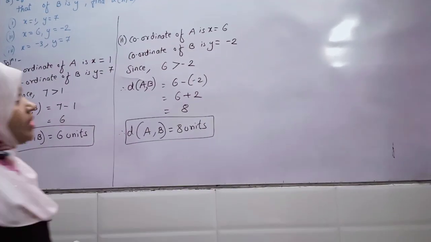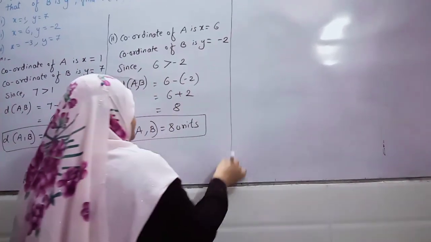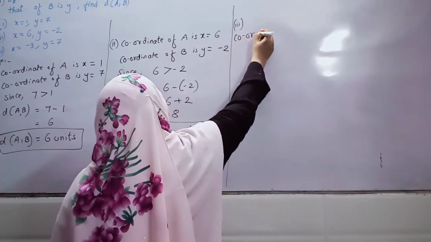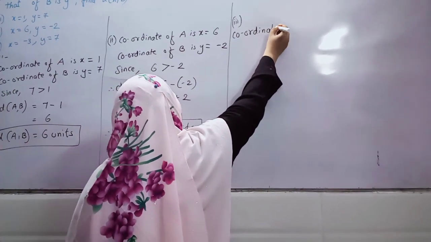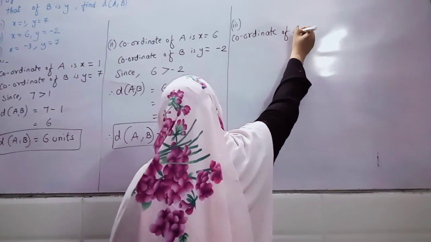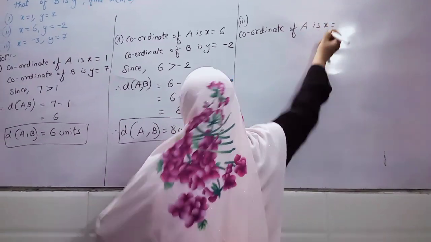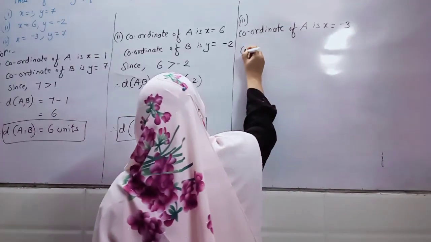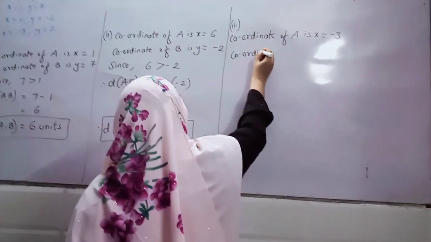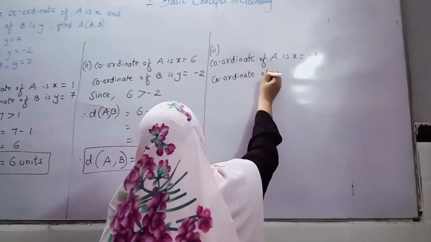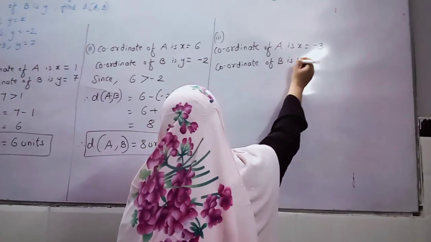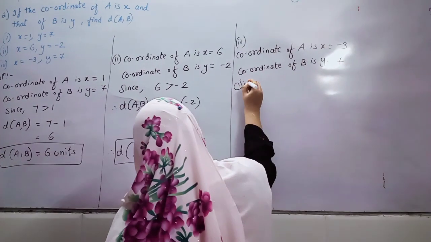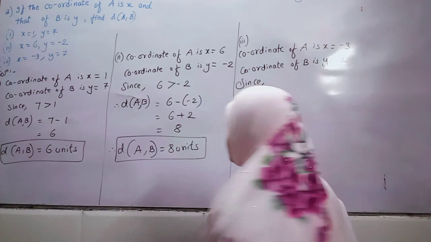Understood, students? Now the third one. Write the statement again. Coordinate of A is x, and the value of x is given here as -3. Coordinate of B is given here as 7. Look, students, which number is bigger?